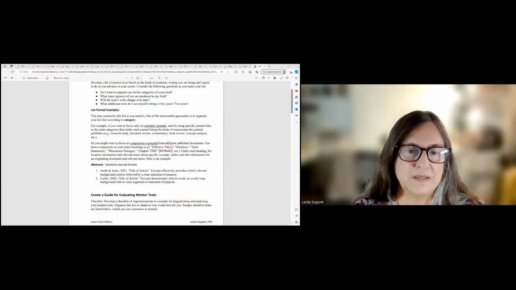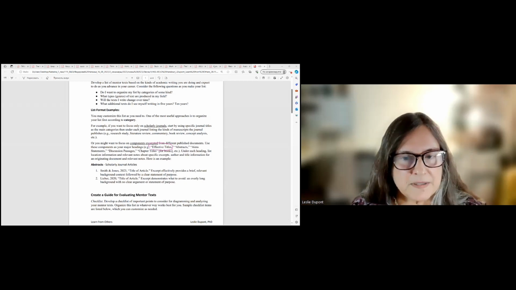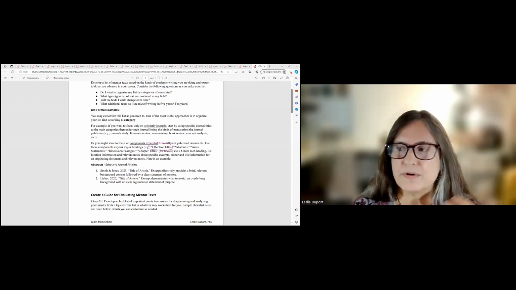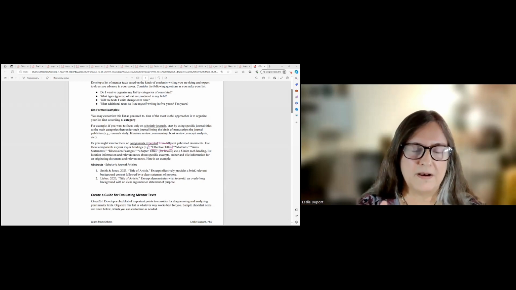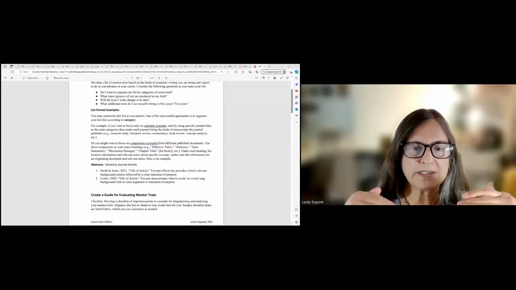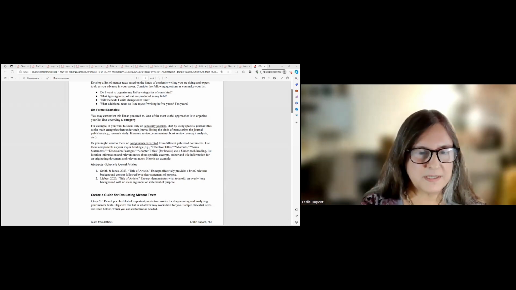So having a list of sample titles that you found effective can be helpful. Abstracts, aim statements, or hypotheses, discussion passages. There are all sorts of components you can pull out of a document. So you can create a list categorized by these kinds of components as well.